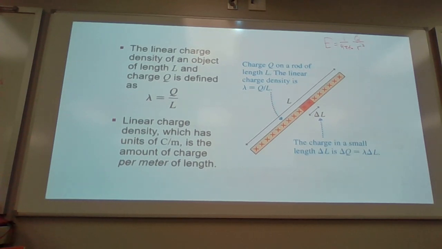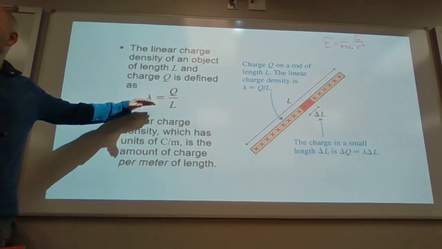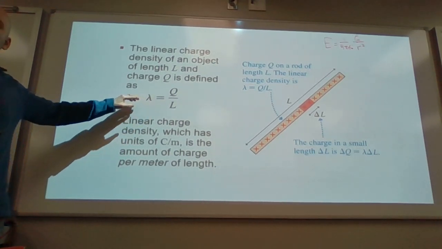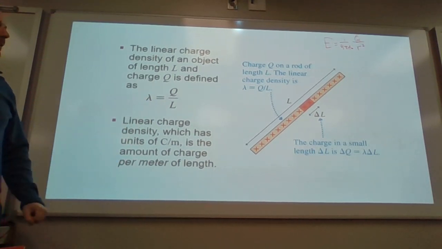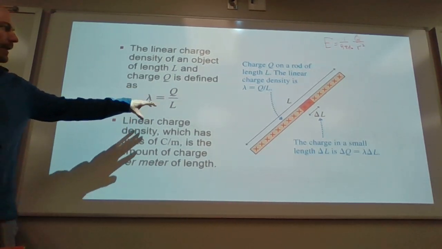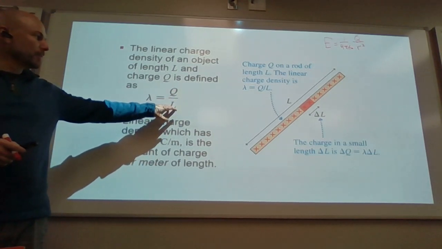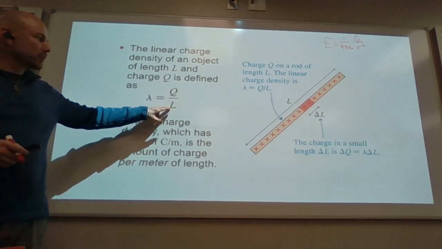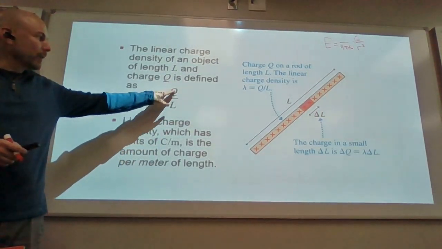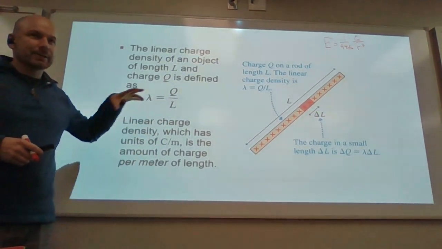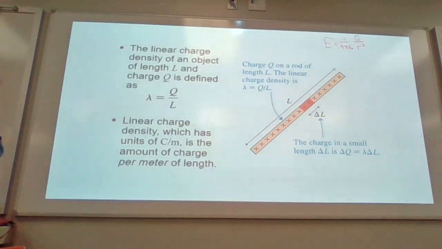It's charge density, not mass density. We're going to use the same variables that we did for linear density. This is linear charge density. Instead of mass over volume, it's just one dimension. Instead of volume, it's length, defined as the charge per length.